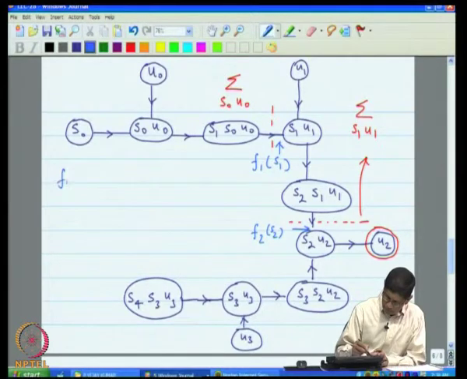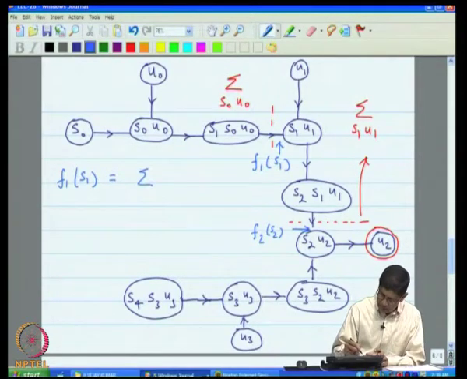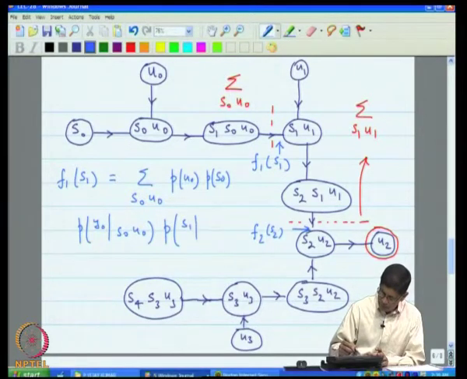F1 S1 is equal to the marginalization with respect to S naught and U naught of P of U naught, P of S naught times P of y naught given S naught u naught, and P of S 1 given S naught u naught.